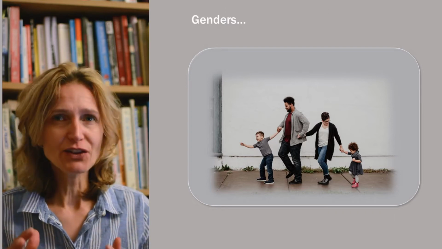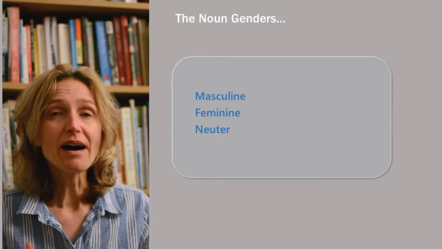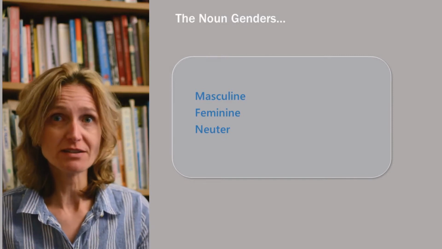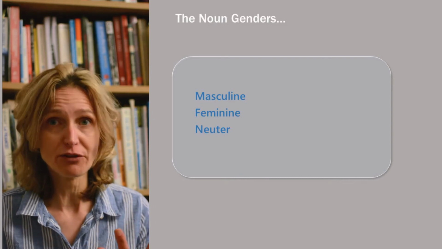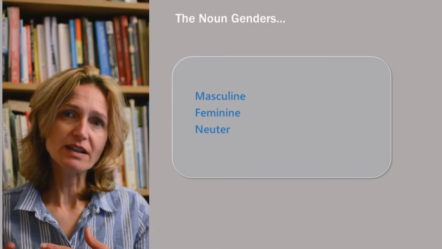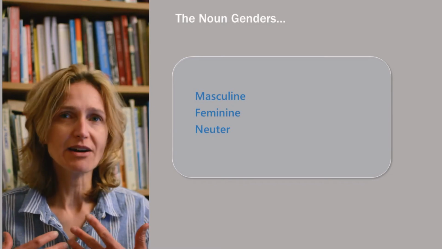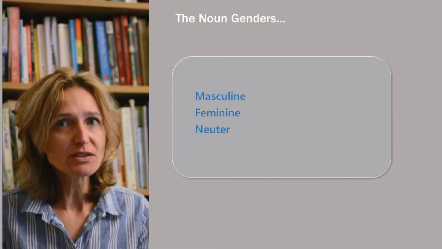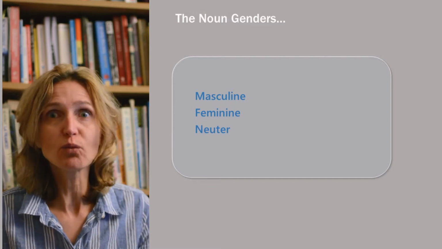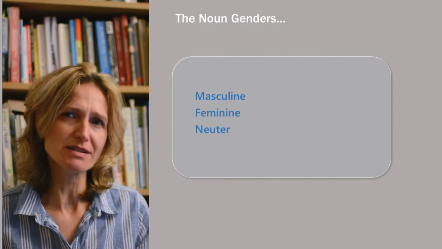So the key things, first of all, unlike English, German nouns have got a gender, so they can either be masculine, feminine or neuter. The second thing is that the genders normally can't be guessed. Just by looking at a word or thinking about the meaning, you normally can't work out what the gender is. There are some exceptions.